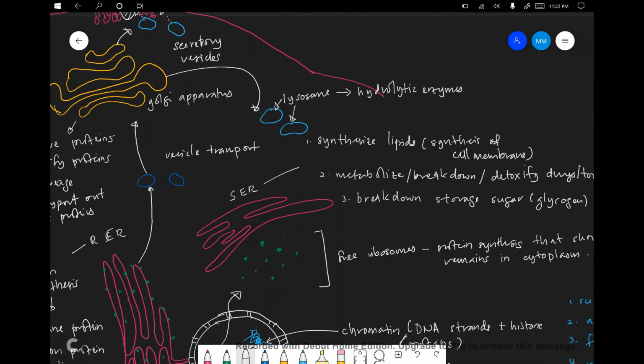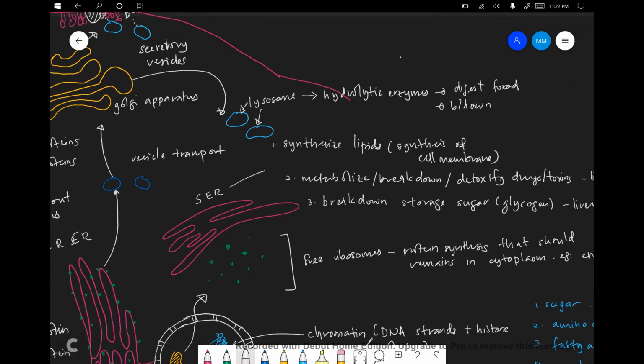So the use of these hydrolytic enzymes is actually to digest food, and also to break down broken organelles. So it's actually for maintenance. So the lysosome remains in the cell, it remains inside the cell.